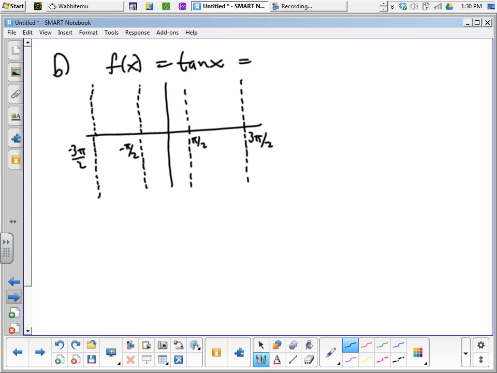Yeah, just think of this as sine x over cosine x, and then you can think of the simpler question, when is cosine x 0? Right? Because whenever cosine x is 0, tangent is going to be undefined. So cosine x would be 0 at pi over 2, 3 pi over 2, 5 pi over 2, also known as 90, 270, 450 degrees. Okay, so you basically can tell that it's going to be these values.